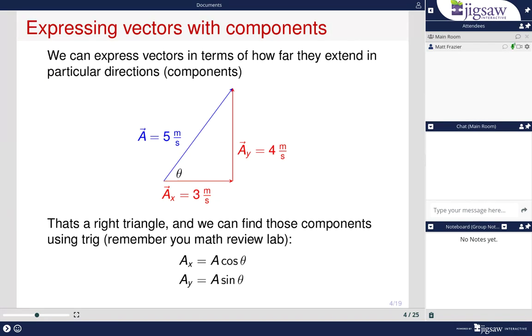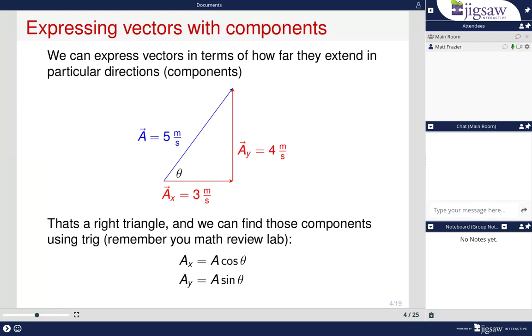And we can use that right triangle and use the angle that we might know to find what these components are, how far in the x-axis, how far in the y-axis. And so we use our trigonometry. These coordinates look like the hypotenuse of this triangle, A, times cosine theta, and in the y direction, it's A times sine theta.